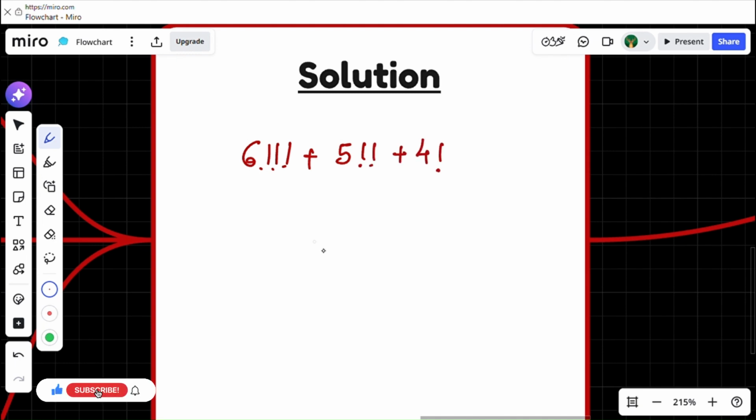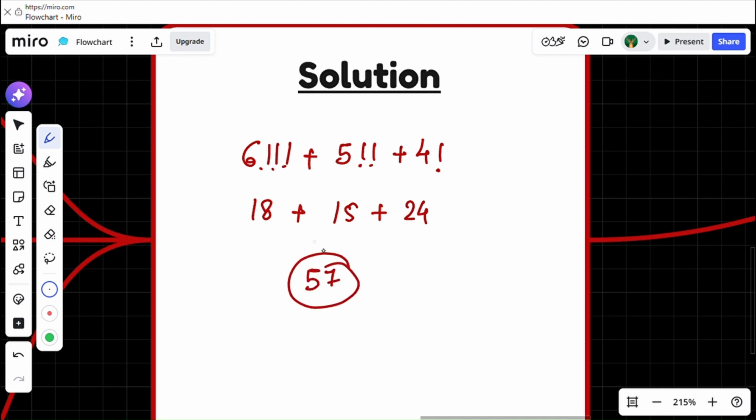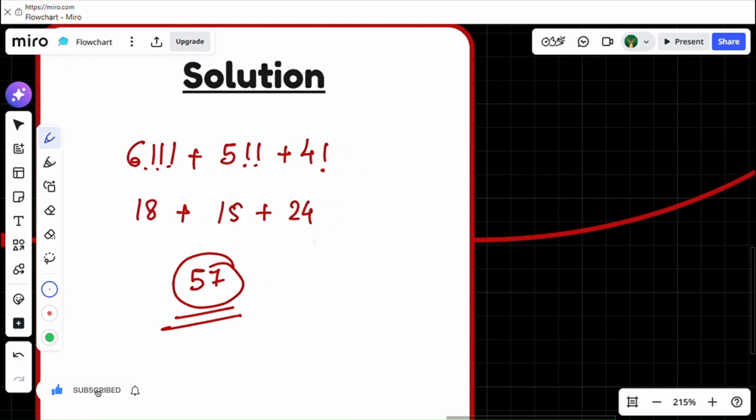So 6 triple factorial is 18, and 5 double factorial is 15, and 4 single factorial is 24. So the answer will be 18 plus 15 plus 24, which is 57. Here is the answer, but the most valuable tip is here.